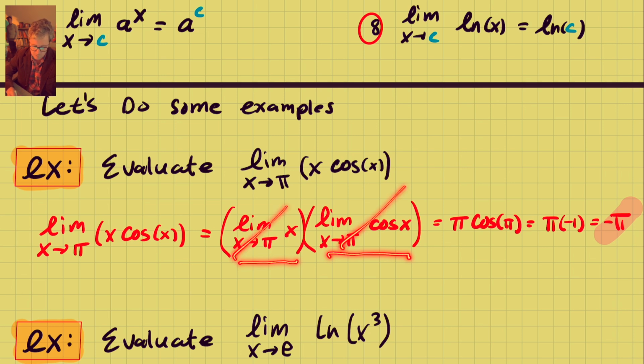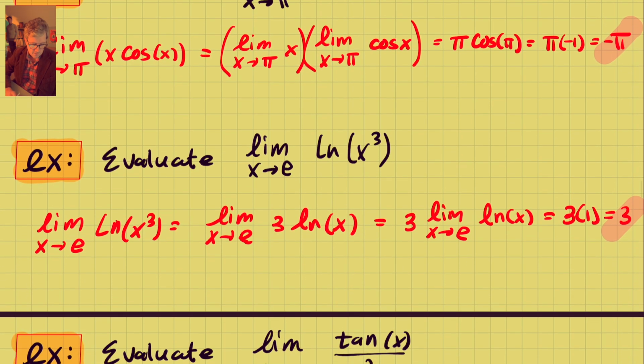We know this, so we get pi times cosine of pi, pi times -1, so negative pi. Again, just using the theorem to break this apart. This was from basically theorem 1, and this was from the previous theorem.